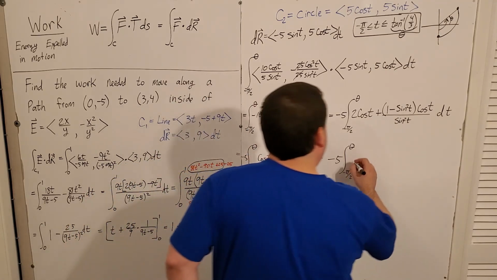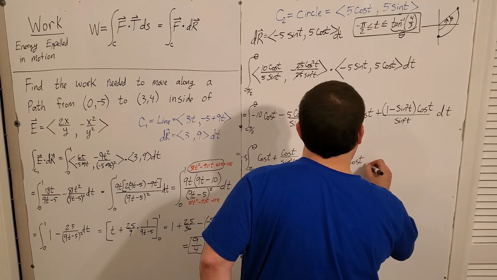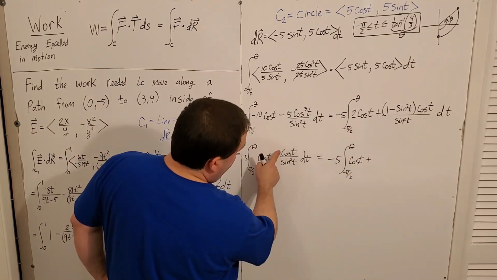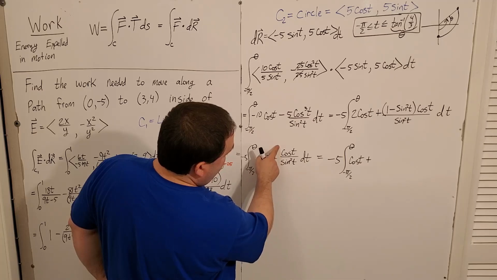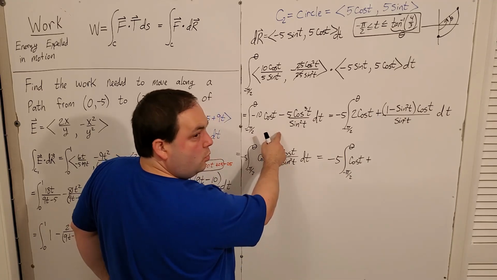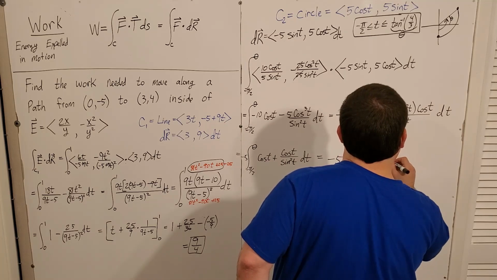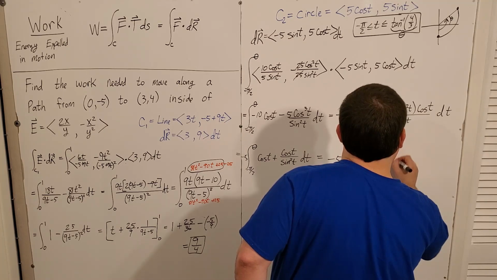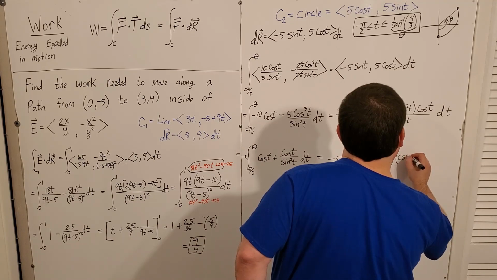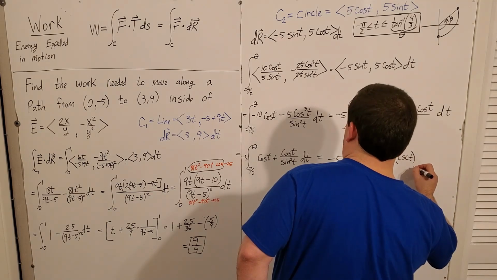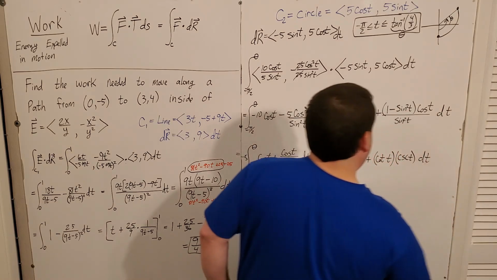I've got cosine t plus, now there's 2 sines in the denominator here, so it's cosine over sine times 1 over sine. Cosine over sine is cotangent of t times 1 over sine is cosecant of t dt.